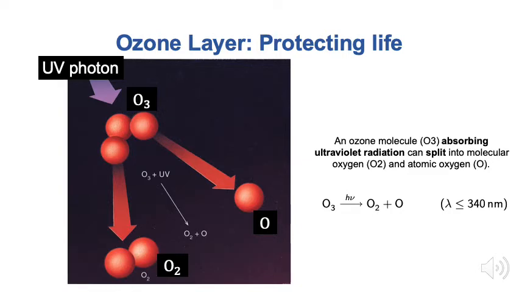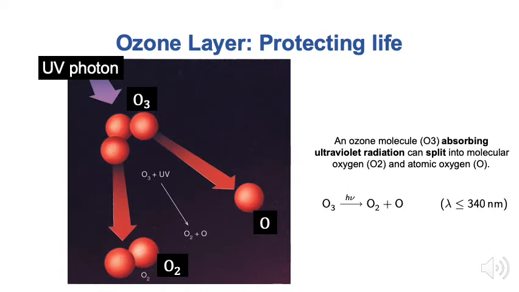So why is the ozone layer important? It protects life. This is just a schematic of what the ozone layer is doing in terms of its function for life. As a UV photon, an ultraviolet photon, comes in from the sun, it hits an O3, an ozone molecule, here with 3 ozones shown in red.